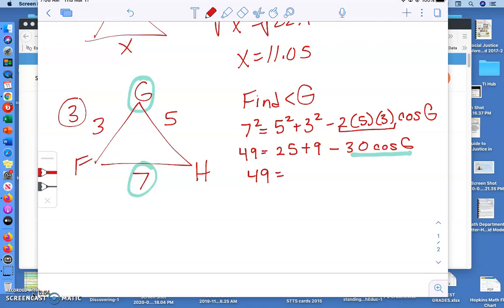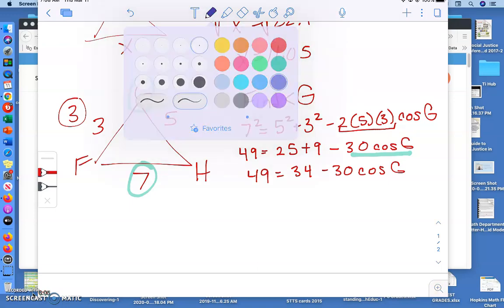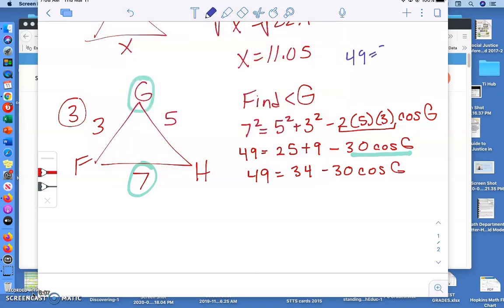So 25 plus 9 is 34, minus 30 cosine of G. A lot of people like to jump and say that this is 4, but you'd never do that. Like if you were solving the equation 49 equals 34 minus 30x, you wouldn't say 34 minus 30 is 4x. You'd subtract the 34. So that's what we have to do here: minus 34.